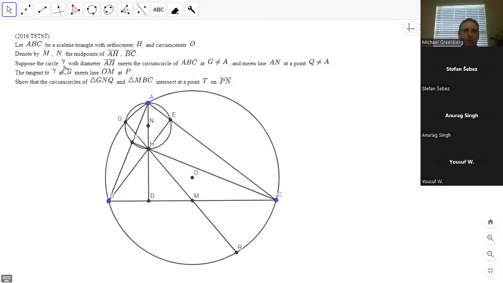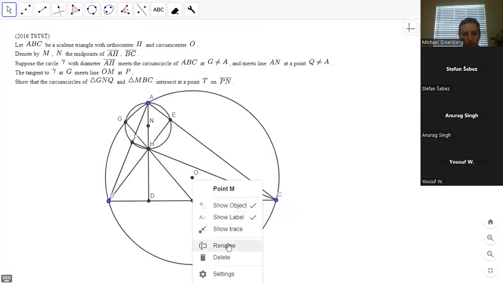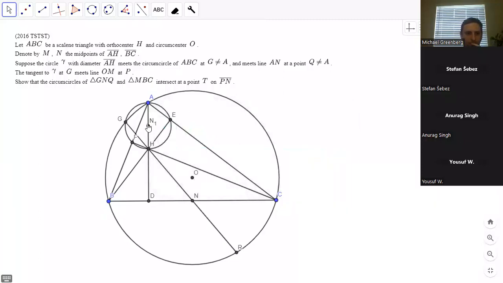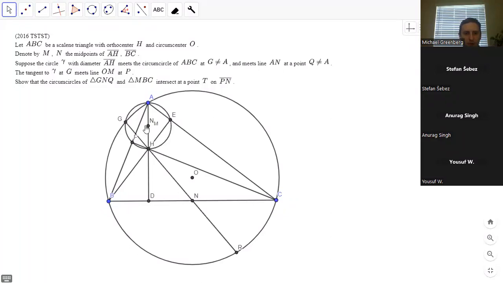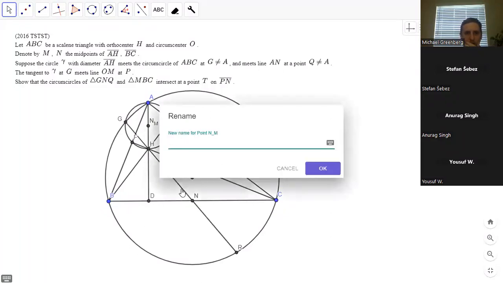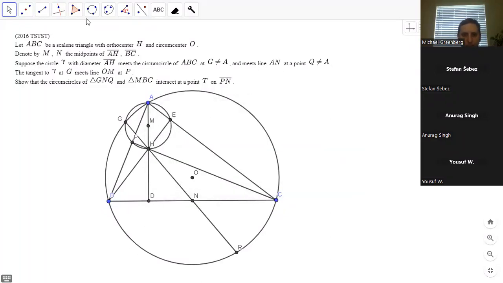I don't get this. Wait, the circle with diameter AH meets. Oh, I swapped these two. So N is the midpoint of BC. And this is M. Oops, not that. And then that's Q.